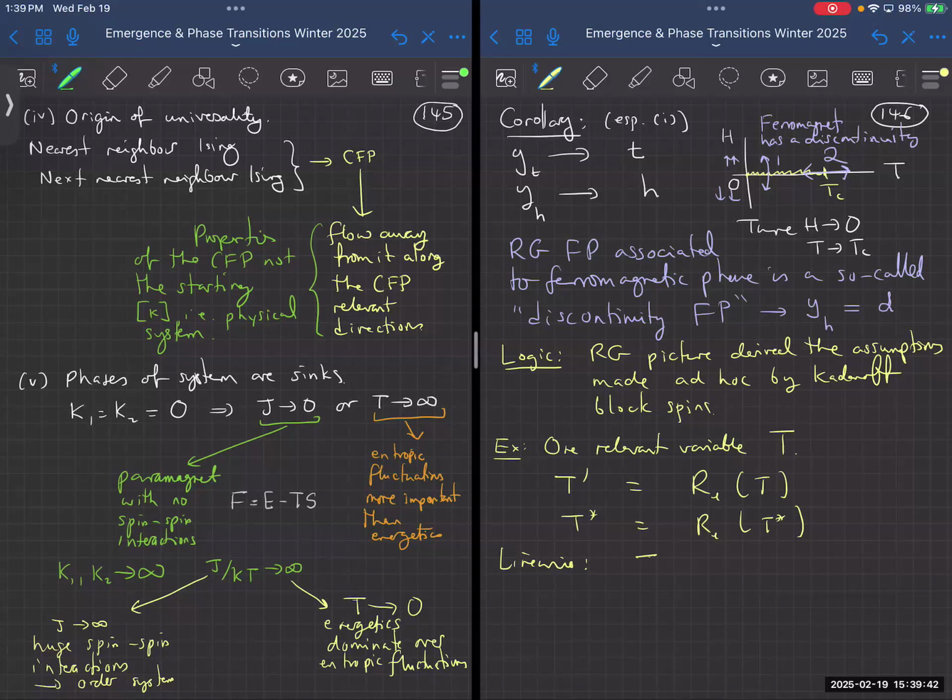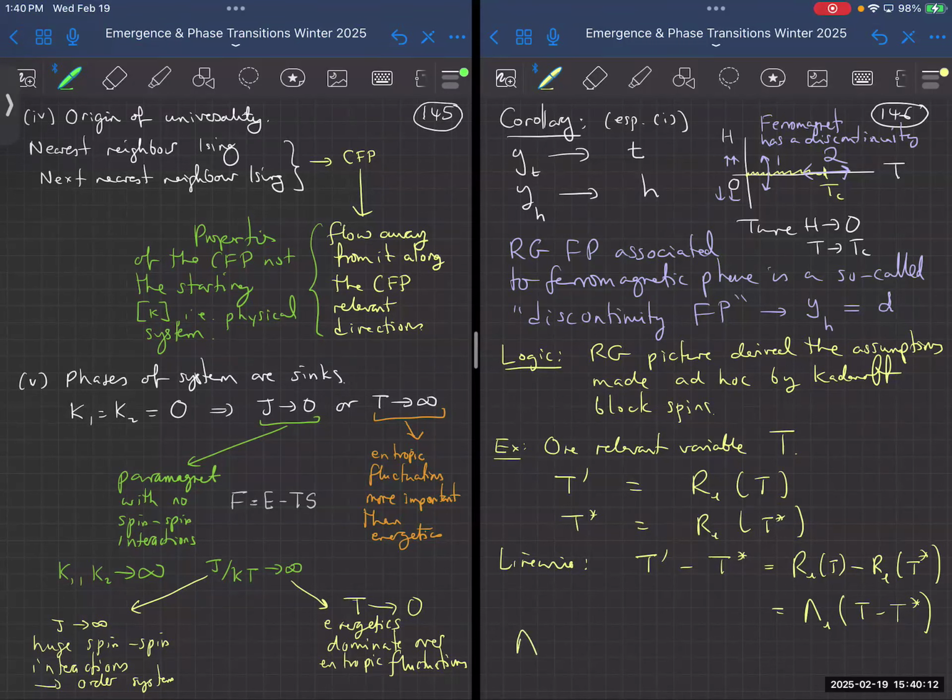So then I get that T prime minus T star is equal to R_L of T minus R_L of T star. And so that then is equal to just lambda_L, the RG eigenvalue, times T minus T star, okay? Because R_L of T star is equal to T star, plus higher order terms.